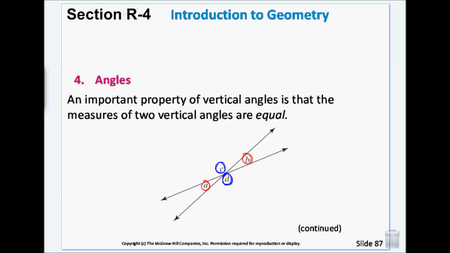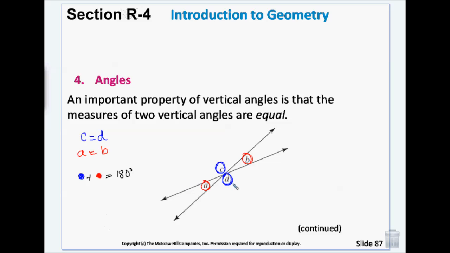So what you have is C equals D, A equals B, and then you'll notice I used color on this. If I add a blue one to a red one, you get purple. No, it equals 180 degrees.